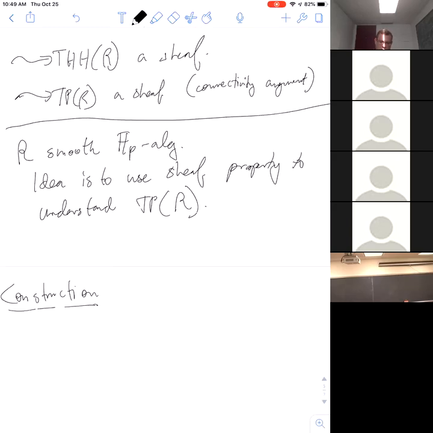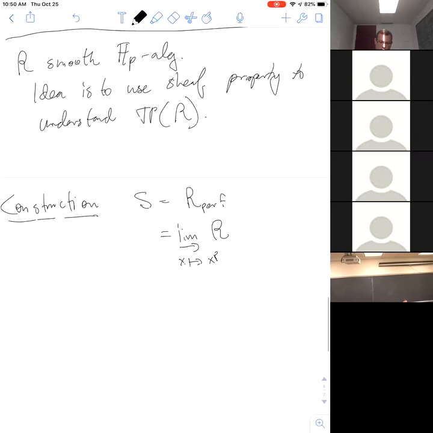I'm going to let S be the perfection of R, the direct limit perfection of R, which is defined to be the colimit of copies of R along the Frobenius map x goes to x to the p. This is a general construction which starts with an FP algebra and produces a perfect FP algebra, given by taking the directed limit of Frobenius acting over and over.